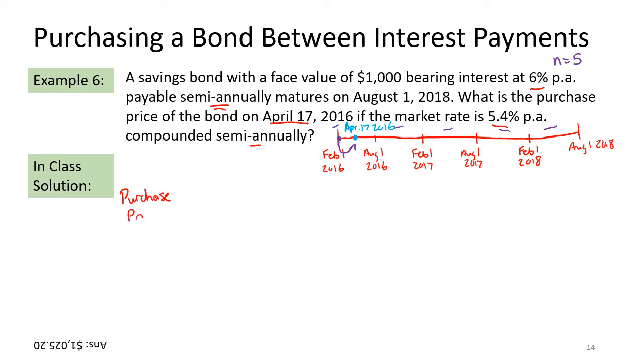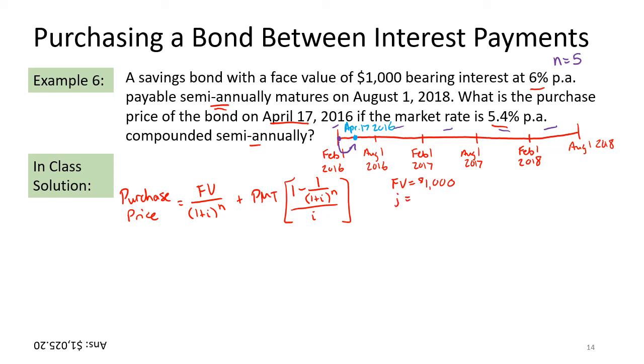Our purchase price is equal to our face value divided by 1 plus the periodic interest rate to the exponent n, plus our interest payments times 1 minus 1 divided by 1 plus the periodic interest rate to the exponent n divided by the periodic interest rate. In this case, our face value is $1,000.